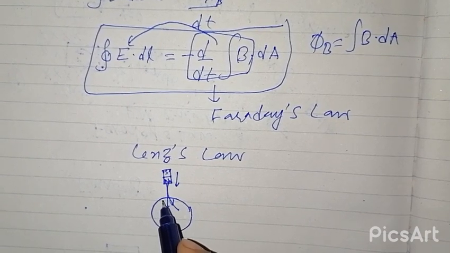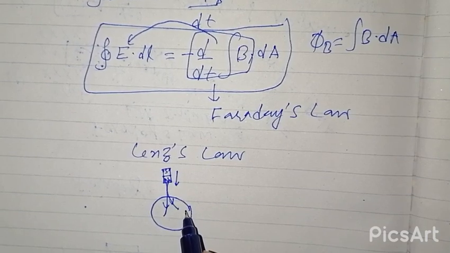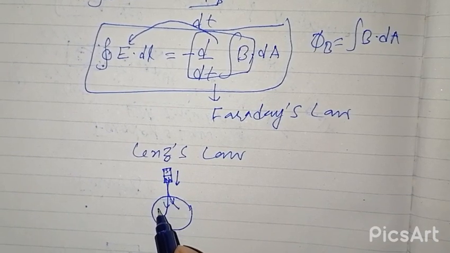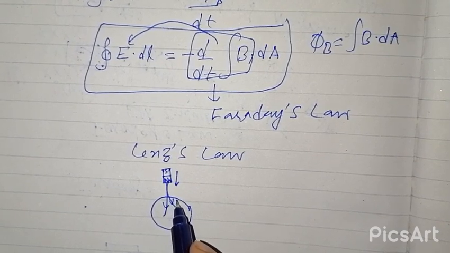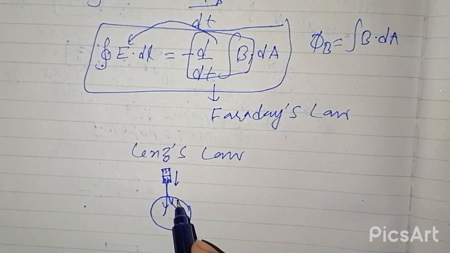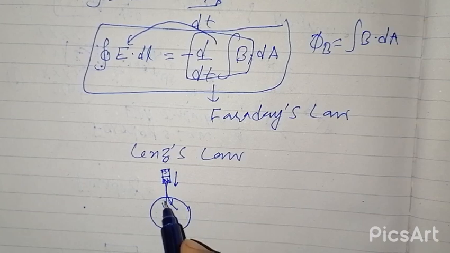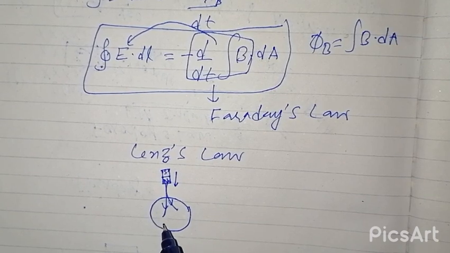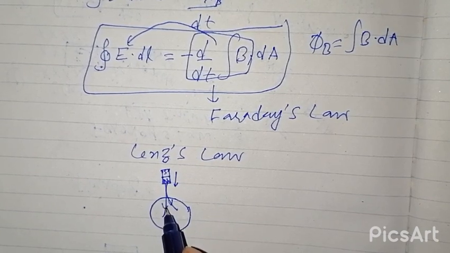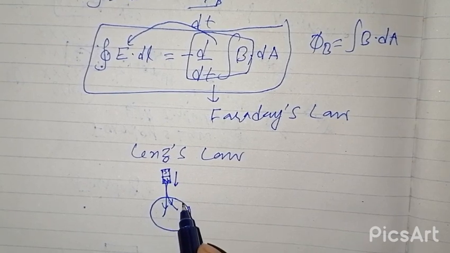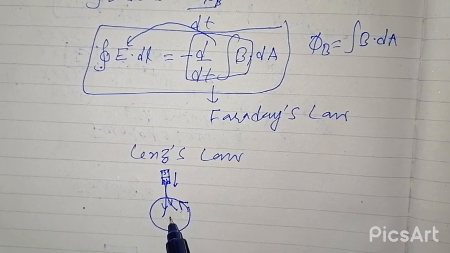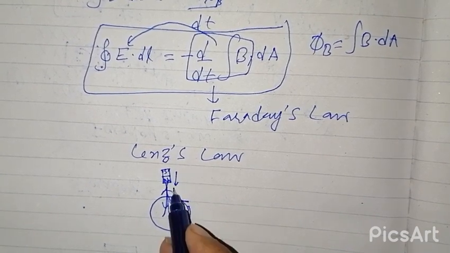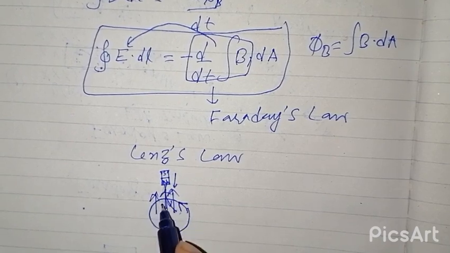So EMF in this coil will be in such a direction that it will oppose the change in external flux. The direction of current will be such that the current will produce a magnetic flux, and that magnetic flux will oppose this magnetic flux. So the current will be in this direction, so that it will produce a magnetic field that will oppose this magnetic field.